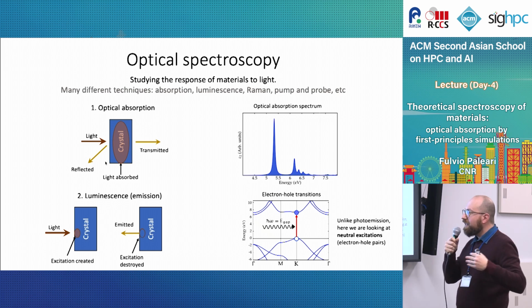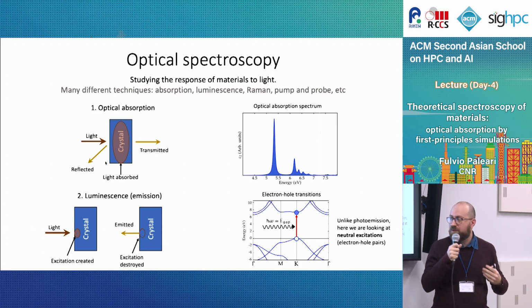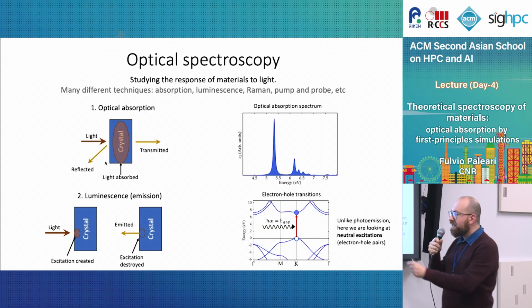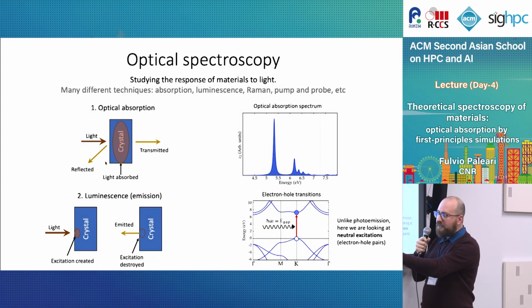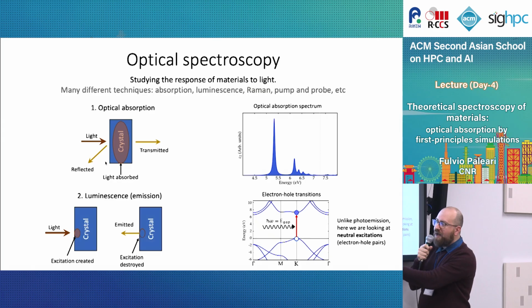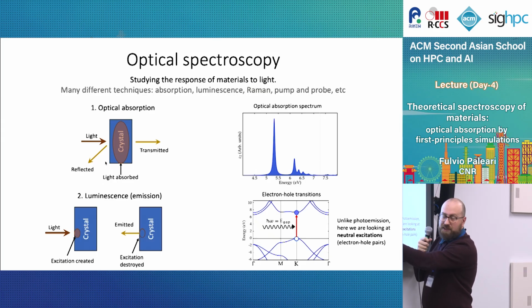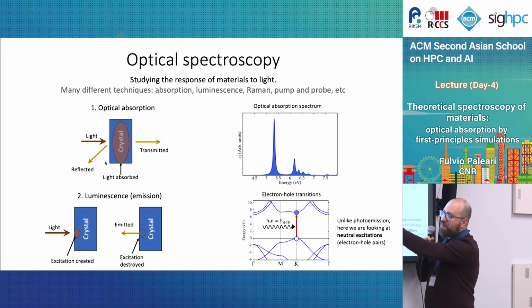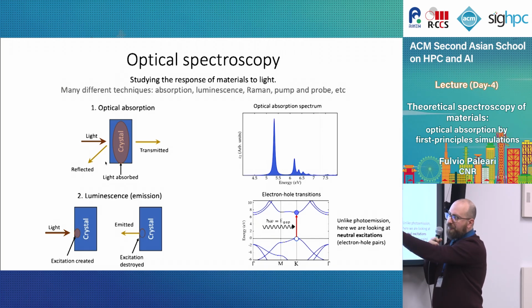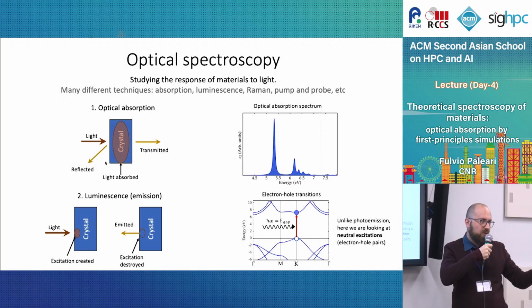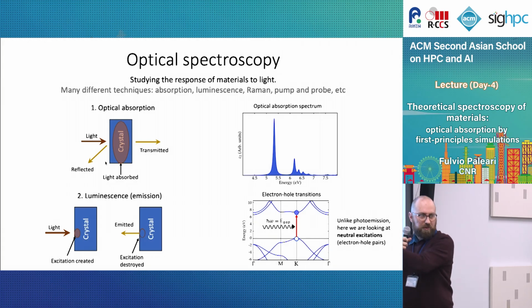And the absorption phenomenon is the fact that an electron that in the ground state sits in what is called the valence band absorbs a photon of the correct energy to jump to an energy level that it wasn't occupying before. This is called the conduction band.